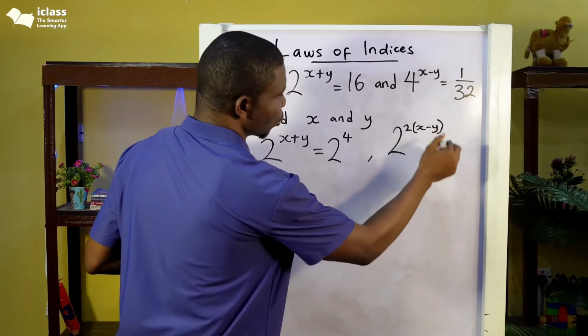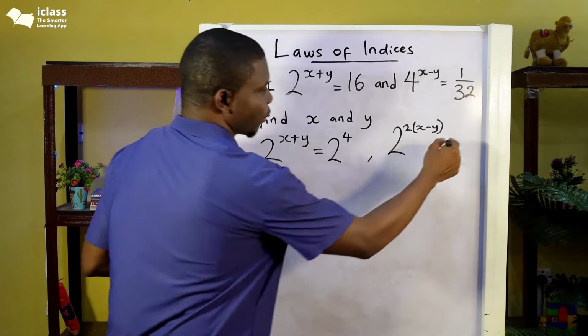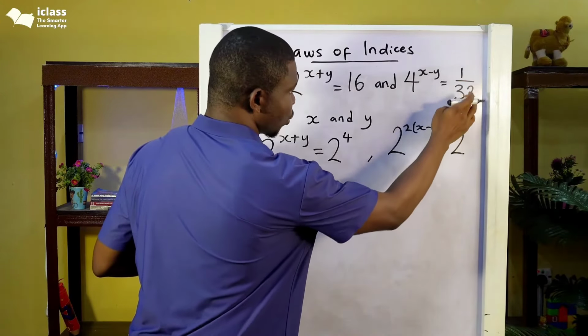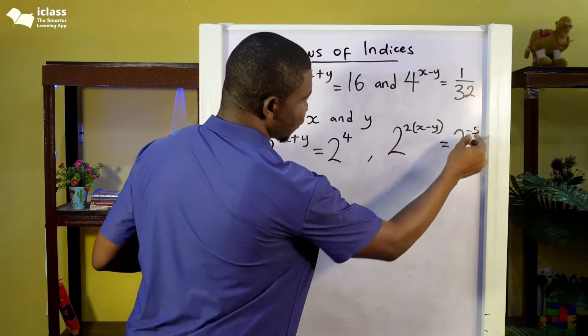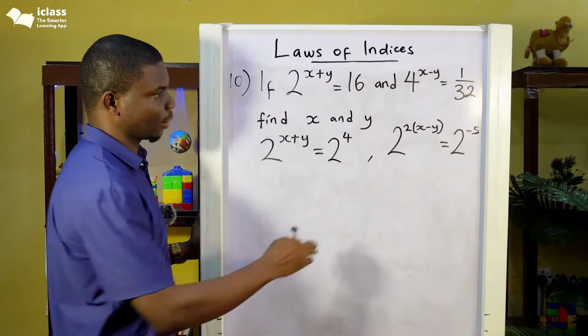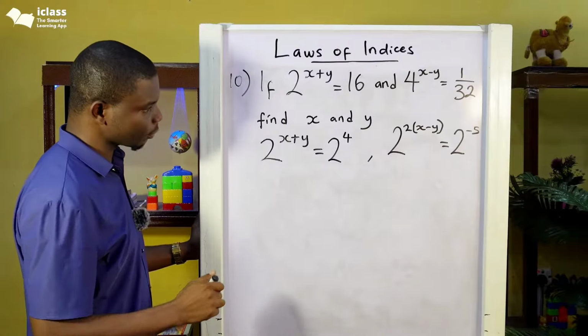This is equal to 32, which is the same thing as 2 to the power 5. If I want to bring this 32 up, then we would have 2 to the power minus 5, right? So the power has to be negative since I'm inverting the base of the index.